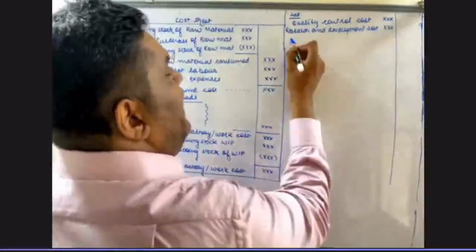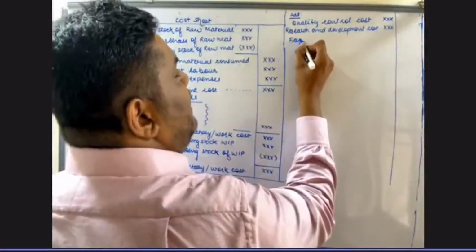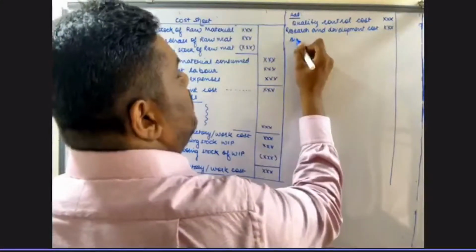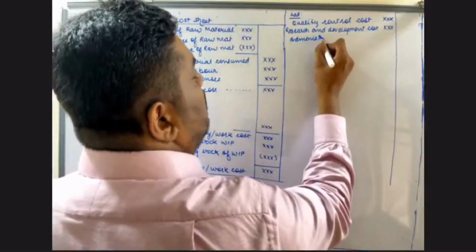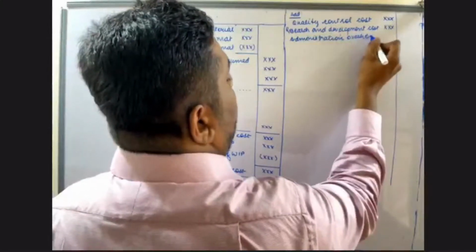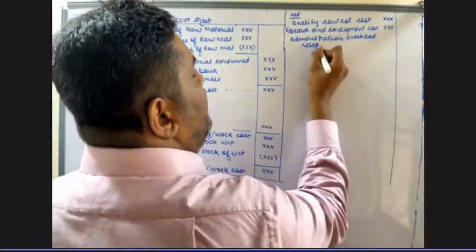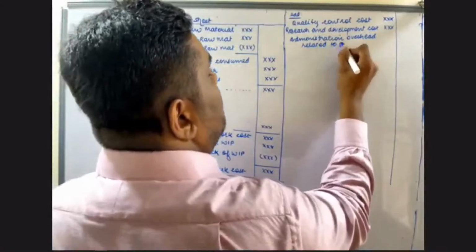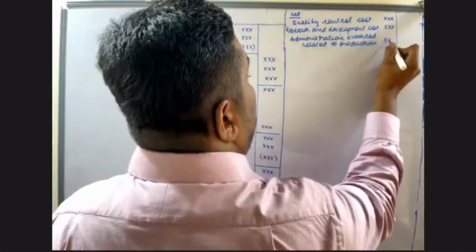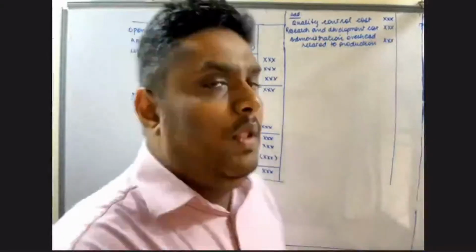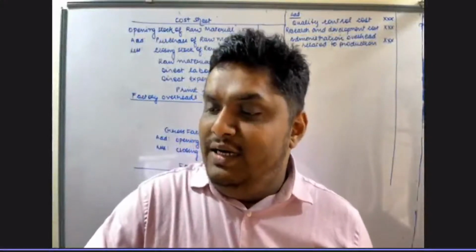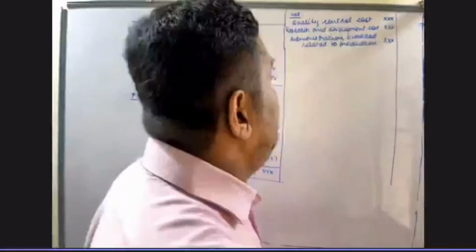Thereafter, we will add administration overhead related to production. I repeat again, guys, we will add quality control cost, research and development cost, administration overhead related to production.